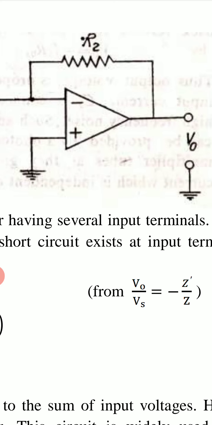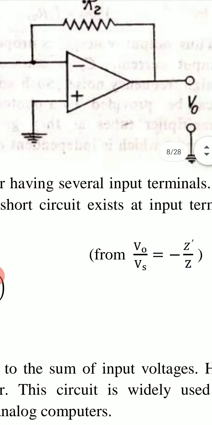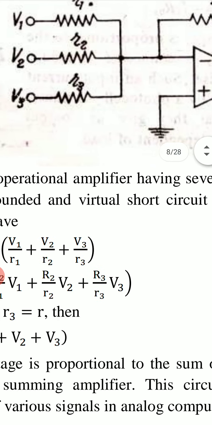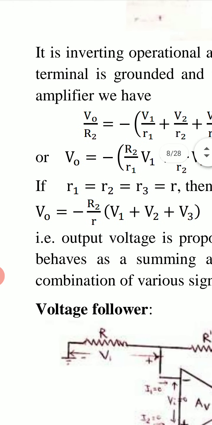Here for Z dash we have resistance R2. So VO upon Z dash is equal to VO upon R2.